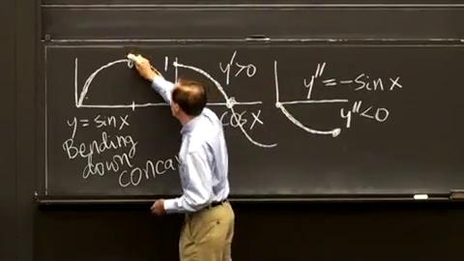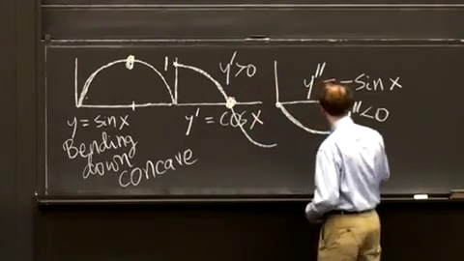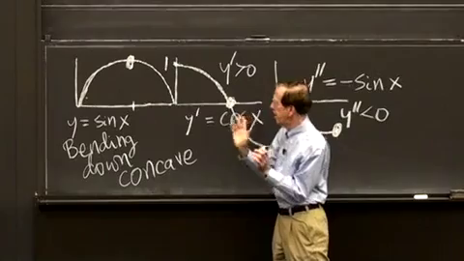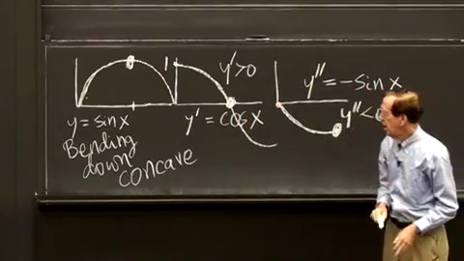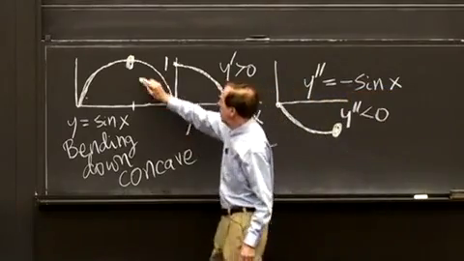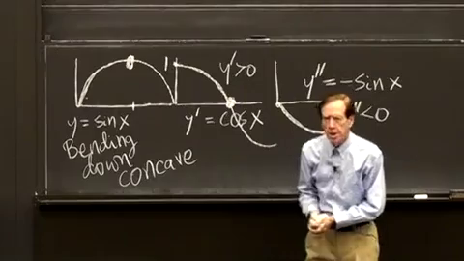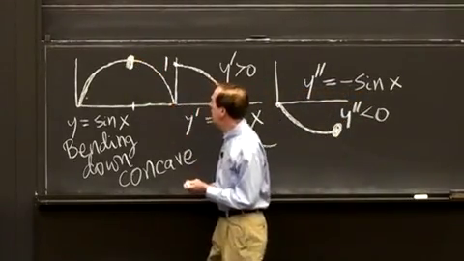Let me put a little mark at these 3 points. Those are important points. In fact, that is a maximum, of course. The sine curve hits its maximum at 1.